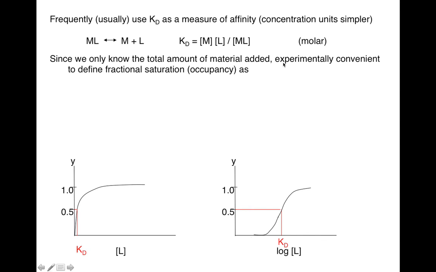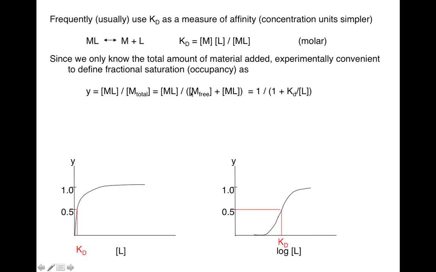So it's very convenient experimentally to define occupancy, or the fractional saturation of the macromolecule by the ligand. Okay, and that is simply the concentration of the ligand-macromolecule complex divided by the total input macromolecule.